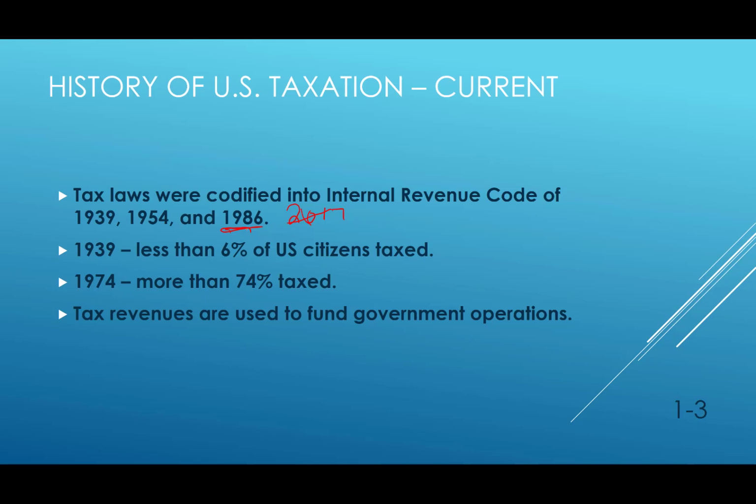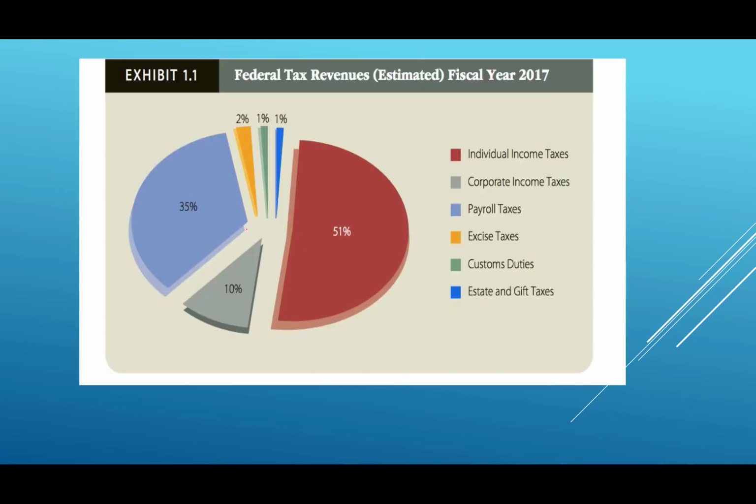Okay. Now we take a look at the sources of taxes for the federal government, and notice that individual income tax is the driver of the revenues that the government gets. How much revenue does the government get each year? A lot?